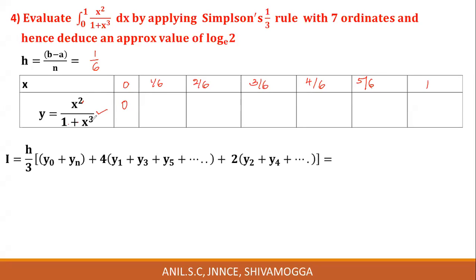Put x is equal to 1 by 6 and simplify. Zero point zero two seven six.